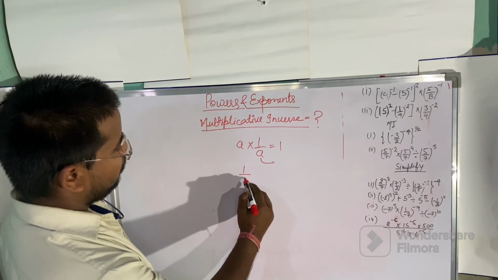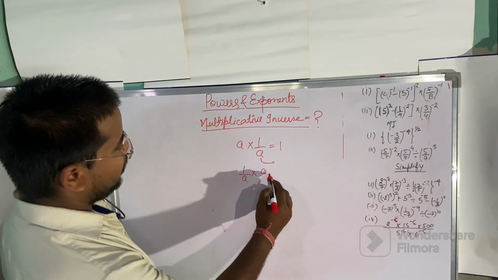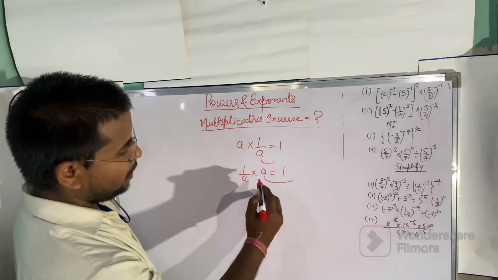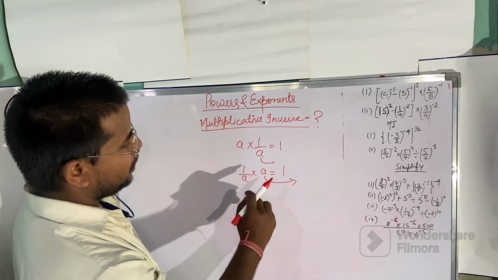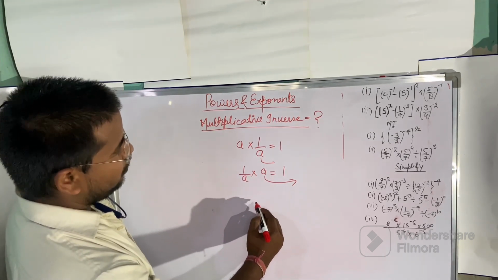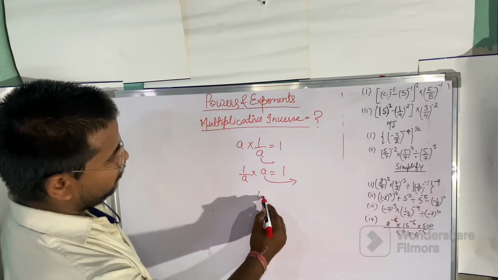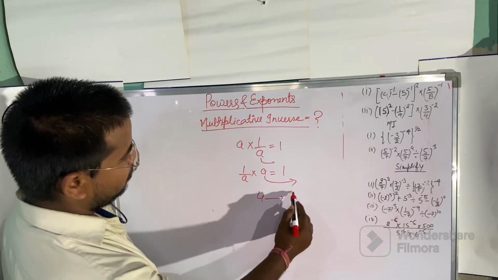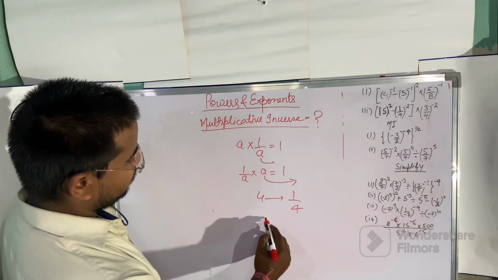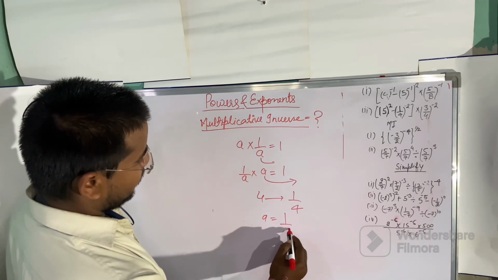Similarly, if 1 by a multiplied by a has the value 1, then a is called the multiplicative inverse of 1 by a. So what is the multiplicative inverse of 4? It is 1 by 4. The multiplicative inverse of 9 is 1 by 9.